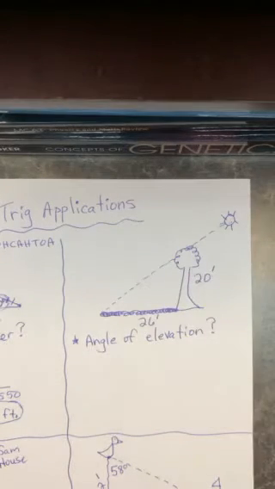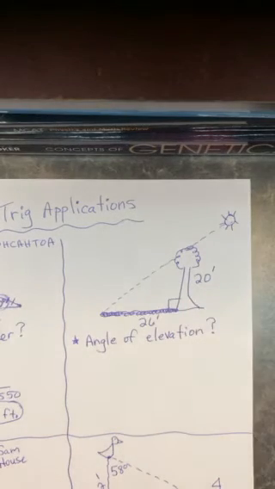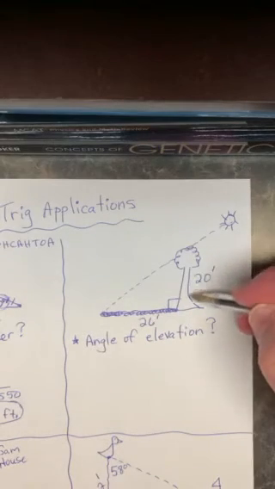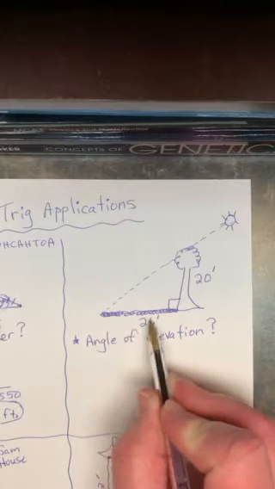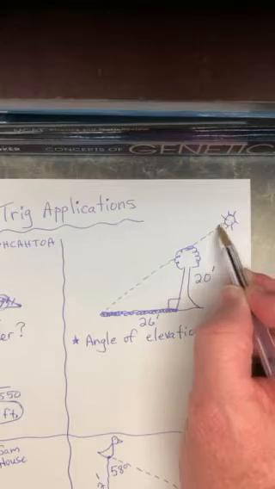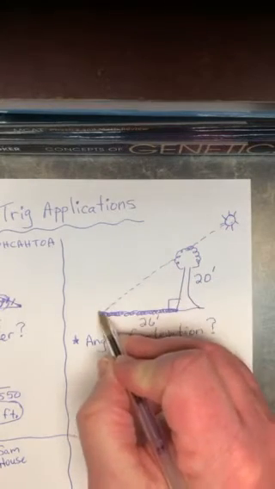Would you agree? So all we're doing in this simple scenario, of course, our right angle would be in that corner where the tree meets the ground. I've got a 20-foot tall tree casting a 26-foot shadow from the sunshine that's shining down on that tree, and the shadow extends to this point right here.